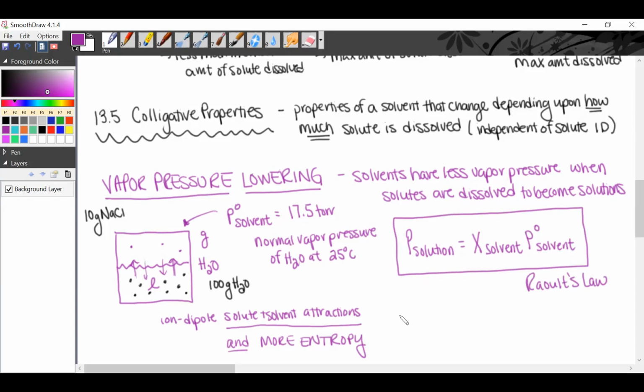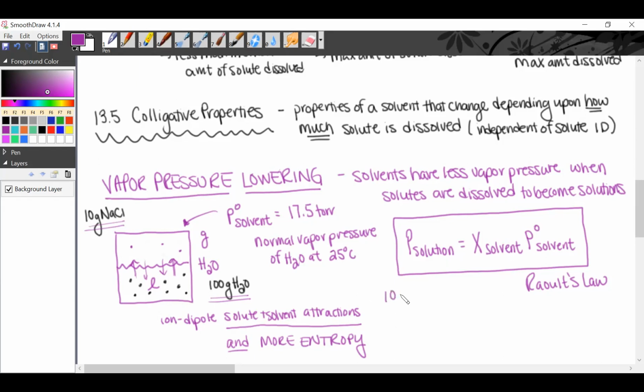So let's calculate what the vapor pressure would be now. Like I told you, it was 17.5 torr before we dissolved the salt. But once we dissolve the salt, let's see how much that vapor pressure goes down by. So what we need is the mole fraction of the solvent. Okay, so I need to turn my solute into moles, and I need to turn my solvent into moles.